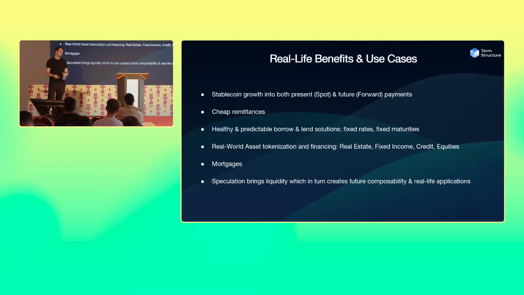So people are going to know, okay, I can lend Ethereum for 3 months at this rate. I don't have to check in every single day on Aave, what is the rate, what has happened, and try to average out what was my rate over the last 3 months. You're going to get to real-world asset tokenization and financing, as I was mentioning earlier. That is only going to open the space to mortgages.